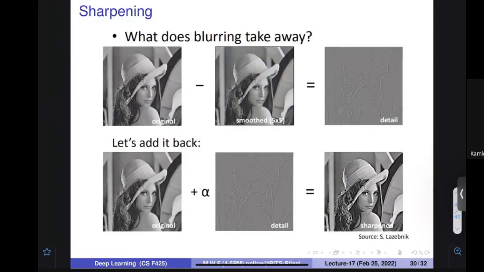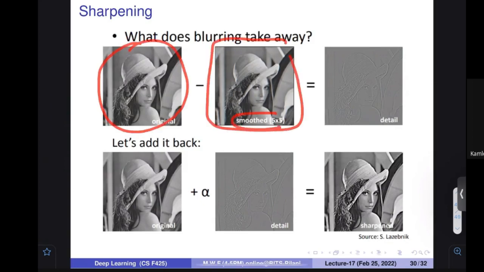Let me give you another example, a very interesting example. This is an image, and this is another image that has been smoothened by 5 by 5. What do I mean by this?